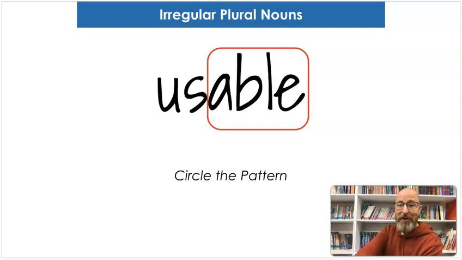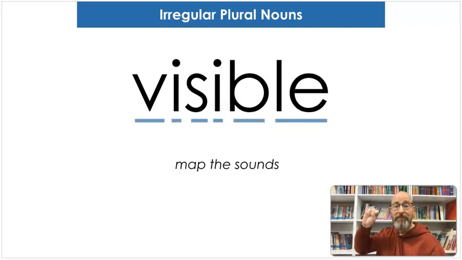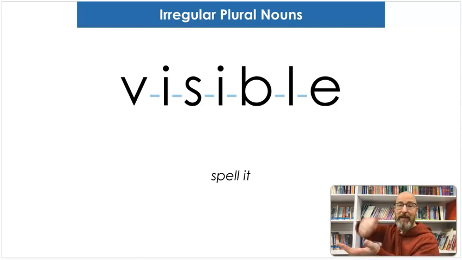Doing great so far. Our next word is visible. Say visible. Map the sounds. Visible. Spell it. V-I-S-I-B-L-E. Visible.